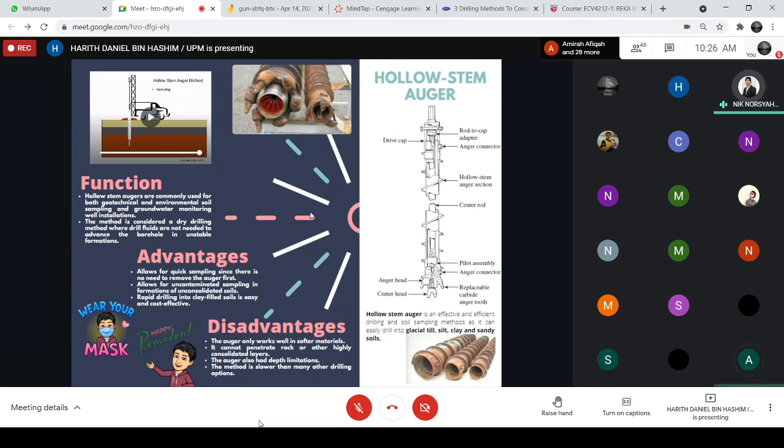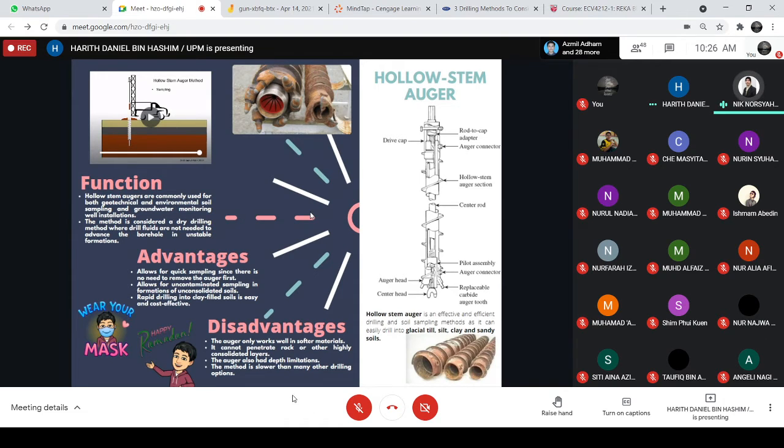Other members, do you want to ask anything about the hollow stem auger? Do you want to know how many people are in charge, or is it just the driver on the truck, one person only?